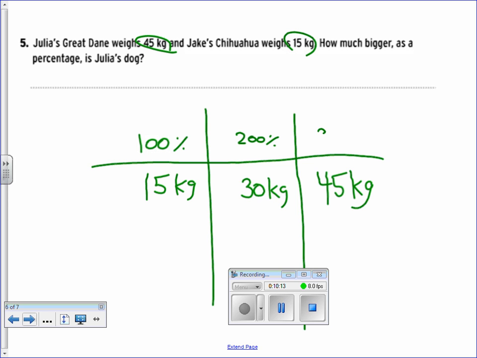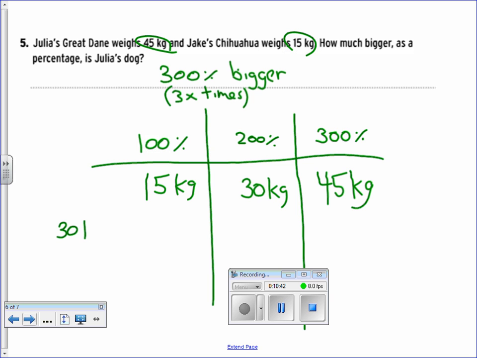Three Chihuahuas is 300%. Three 15s is 45. So how much bigger as a percent? I guess you would say 300% bigger, which is the same thing as 3 times bigger. Somebody would argue that then it's actually 200% bigger because it's actually 30 kilograms bigger, and 30 kilograms is 200%, but either way would be correct.